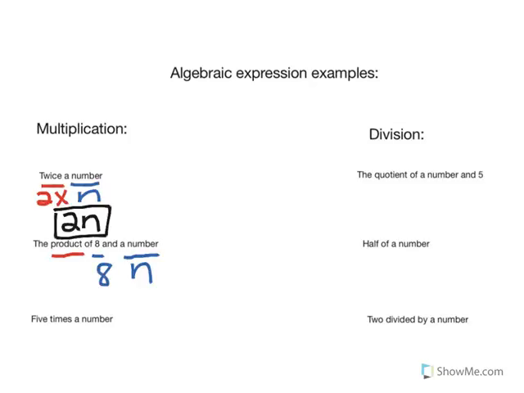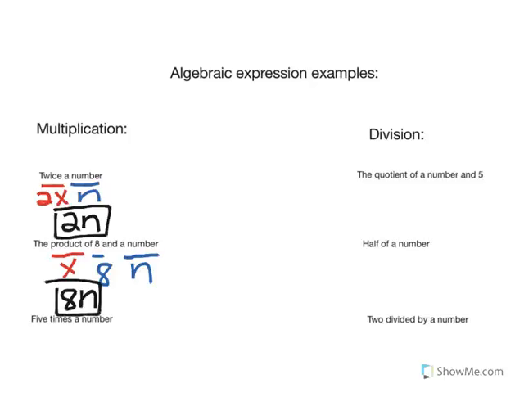If you haven't noticed, I've been writing things underneath the word problem to show what I'm going to be using in the word problem, and then, based on how it's written, I figure out how I rewrite it to make it into a proper expression. See, now the product of 8 and a number means it's 8 times a number, or number times 8, and that's why this is the answer.